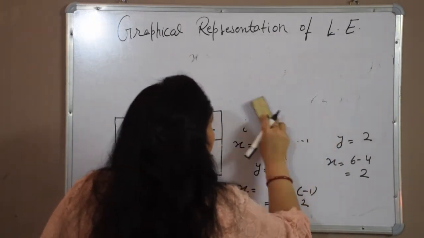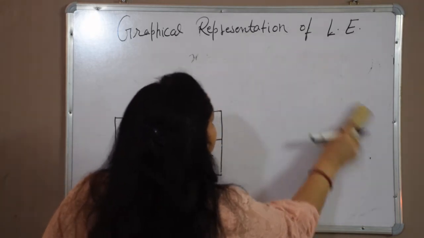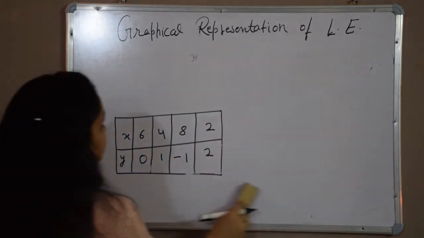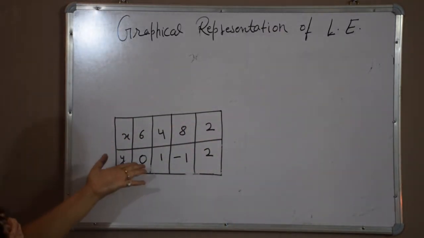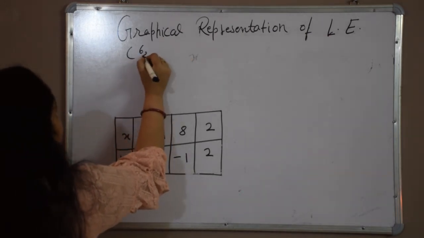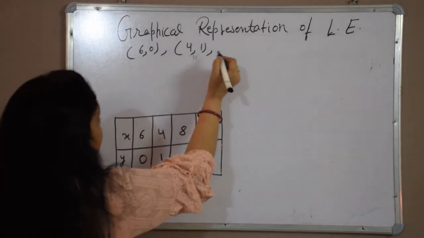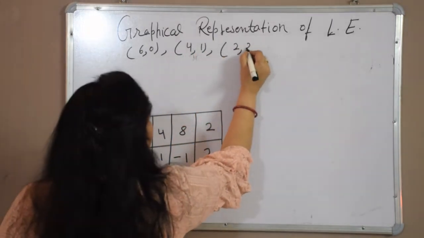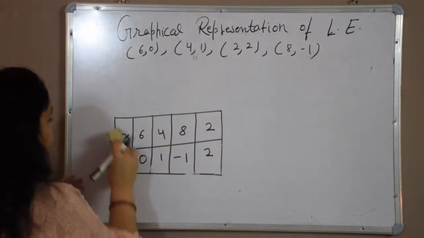Now, the very crucial and very important step is that we have to plot the graph of the linear equation. See, first of all, plot this, and you can write it in the form of ordered pairs also. 6, 0, next is 4, 1, next is 2, 2, and 8 comma minus 1.